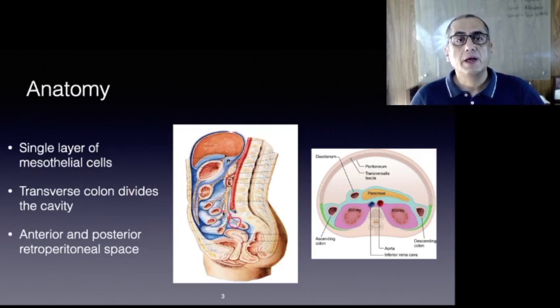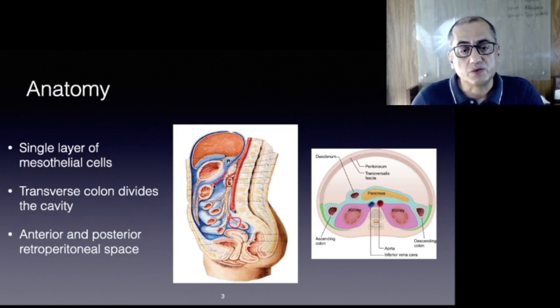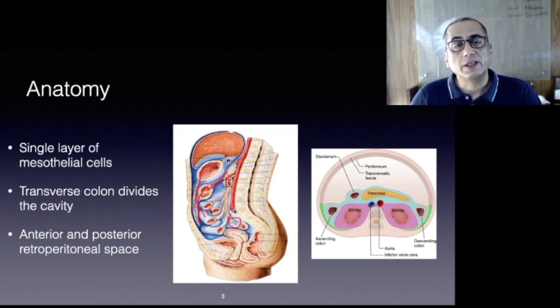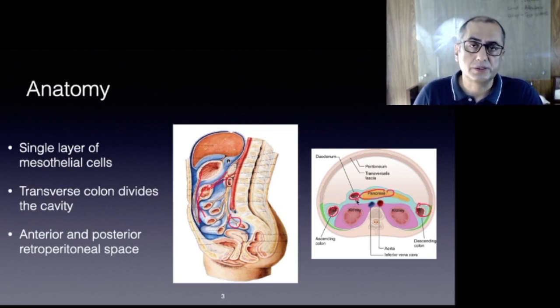Now, the peritoneal cavity is divided by the transverse mesocolon, this one here, and the abdominal policeman, that is the greater omentum, extends from the transverse mesocolon and the stomach to line the lower peritoneal cavity. The pancreas, duodenum, and ascending and descending colon here are located in the anterior retroperitoneal space.